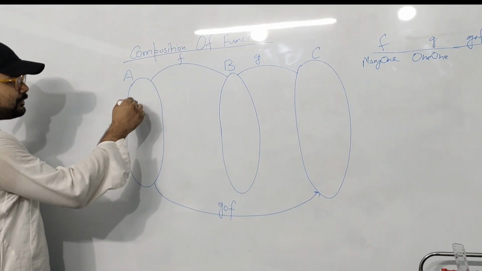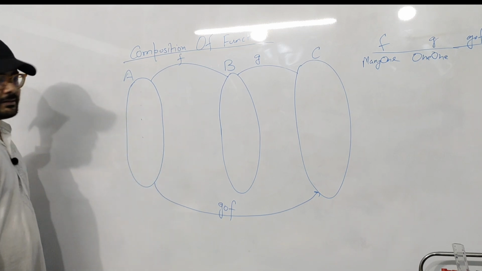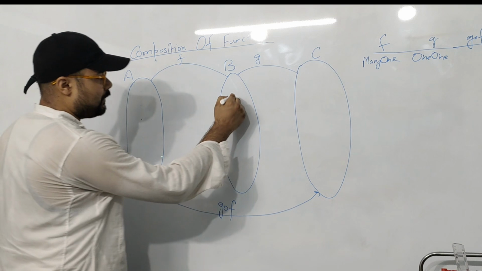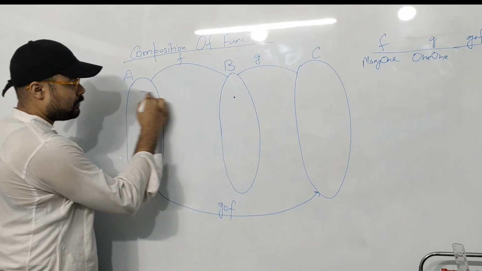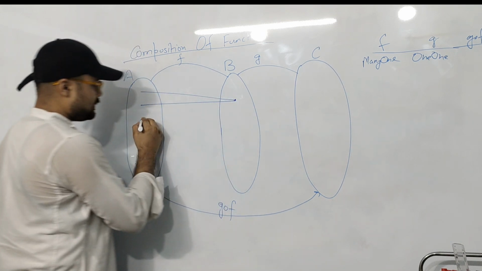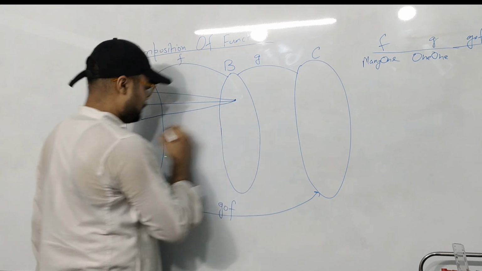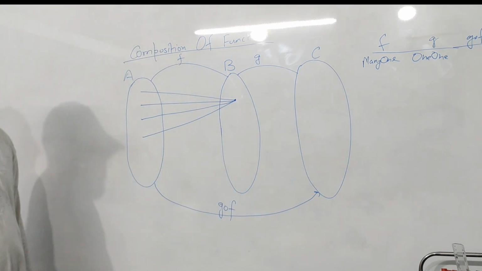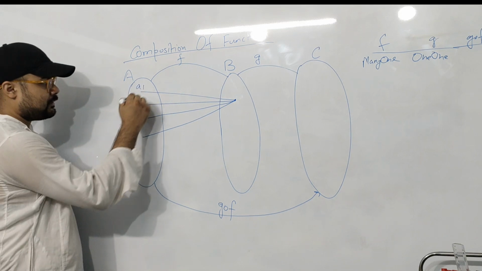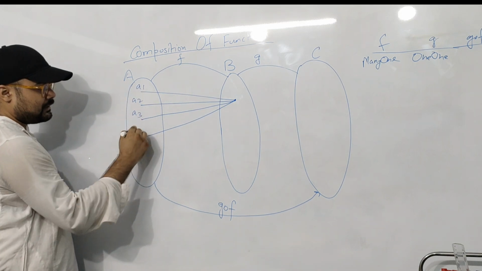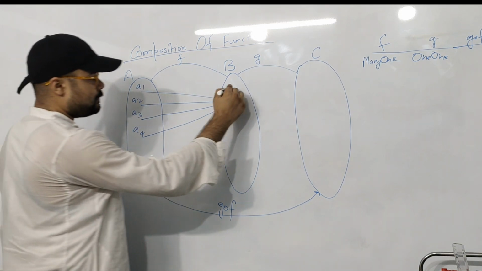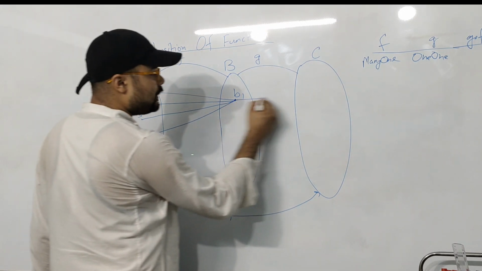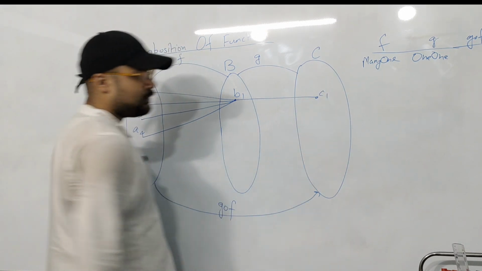Many-one means that at least there will be some elements of A that will be mapped to one element alone. Let's say for these elements, it is mapped to just one element. So this is your A1, A2, A3, A4, and this is B1. Then B1 is mapped uniquely to some element, let's say C1.